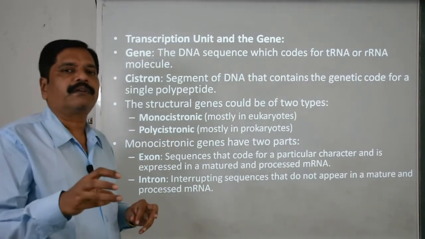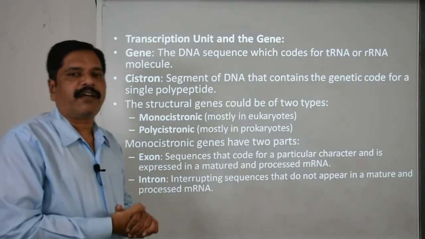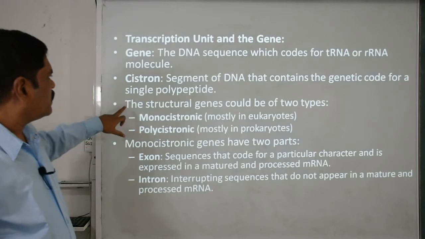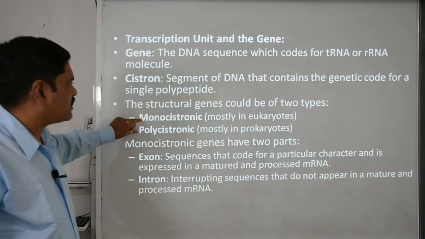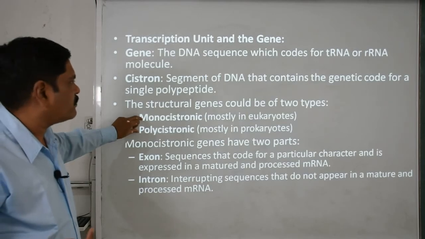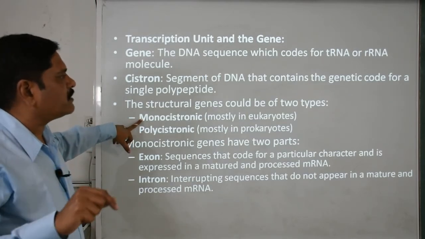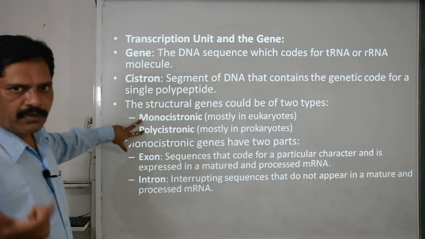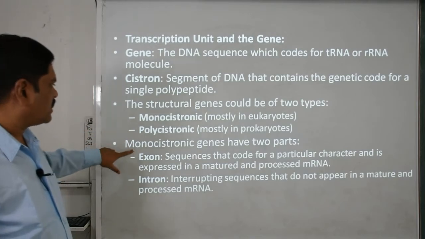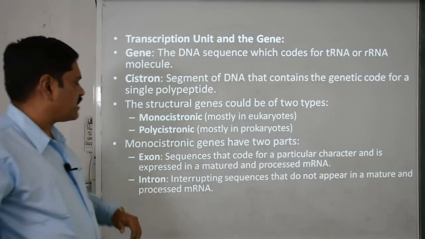You know that operon, cistron, muton, and there are five types of all kinds, okay. Now the structural gene could be of two types, one is monocistronic and second is polycistronic. Very clear from this, the monocistronic is basically observed in the eukaryotes and the polycistronic is observed in the prokaryotes, where more than one point can be started. Monocistronic has two parts, one is the exon and second is the intron.